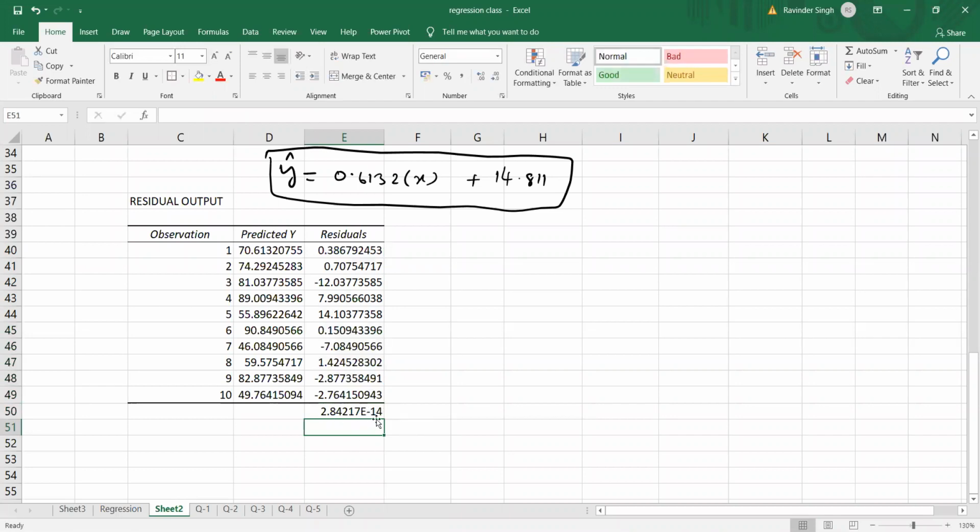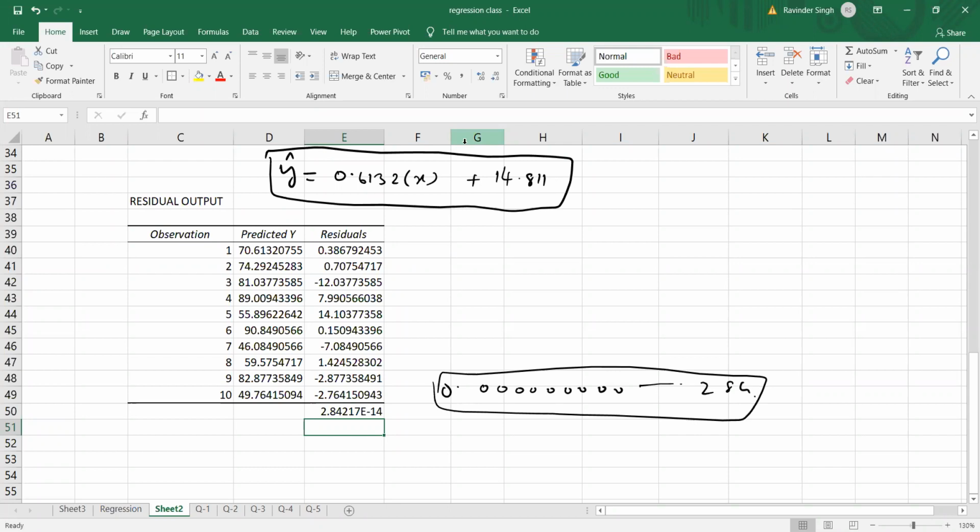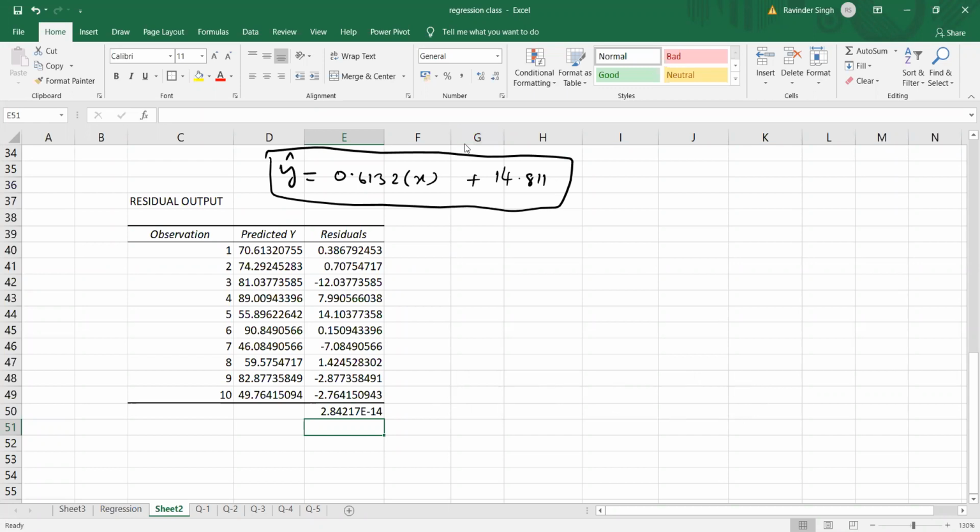It is 10 to the power minus 14, around 0.000000000 up to 13 zeros and then it starts with 284 something. So it is very close to 0. It means the straight line which we have fitted is almost the best fit straight line.